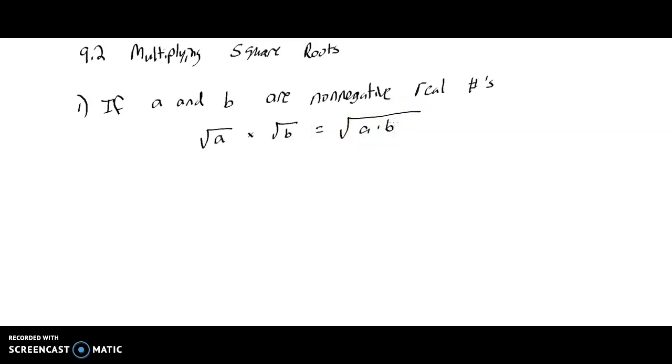This gives me more options and flexibility to break this down further and simplify it by taking some numbers out from underneath the square root sign.